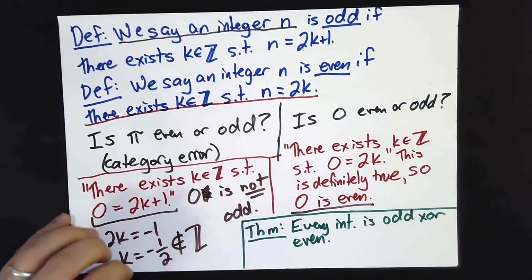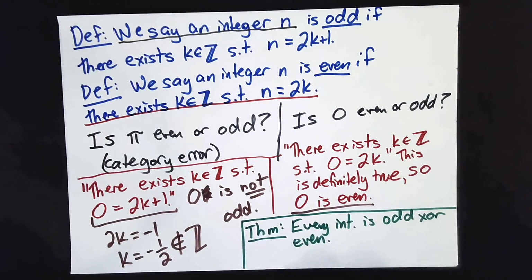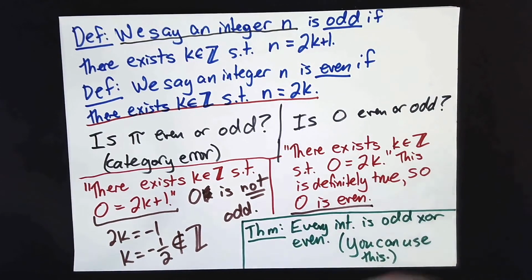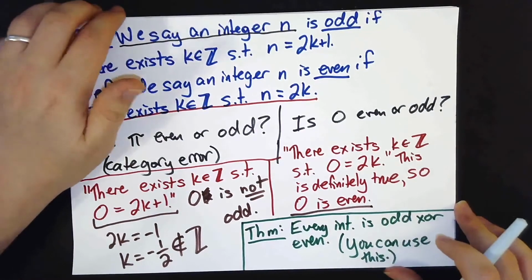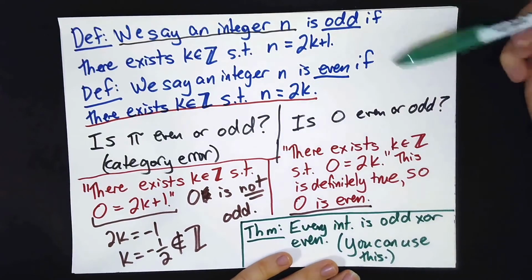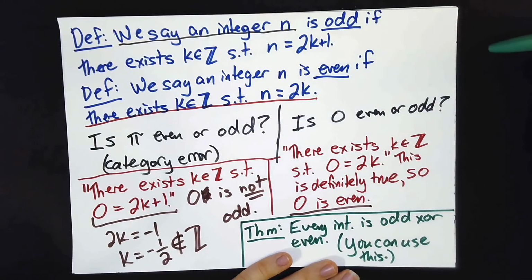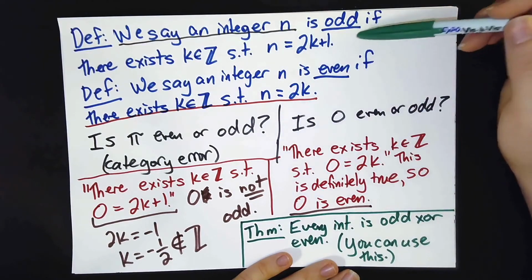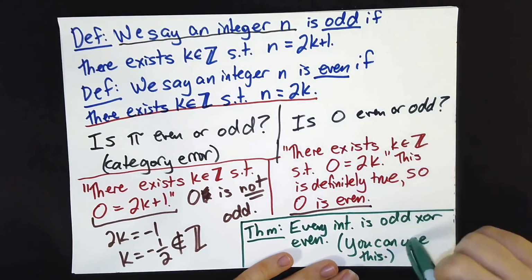Every integer is odd, exclusive or even, meaning every integer is exactly one of odd and even. And we'll talk a little bit later about why this is maybe slightly harder to prove than you would think it is. But anyway, the point is, once you have this theorem, then you now know the negation of n is odd is that it is even, and the negation of the fact that n is even is n is odd. So you can flip back and forth between these two definitions when you negate them. That is why I'm giving you this theorem.